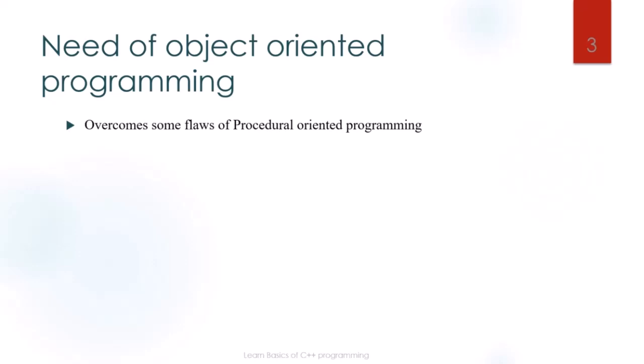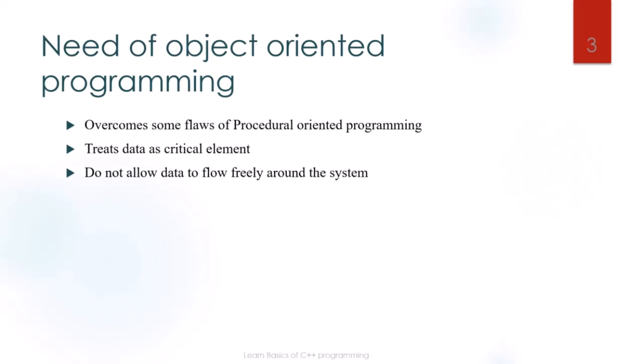The major thing missing in procedure-oriented programming is that it emphasizes procedures and functions, while in object-oriented programming, the major focus is not on the functions but on the data. Object-oriented programming treats the data as the critical element and not the functions.